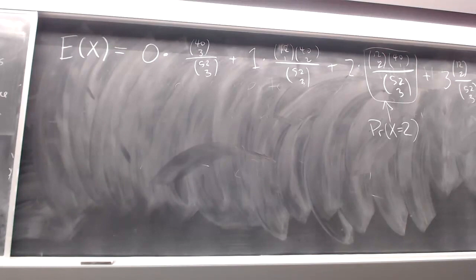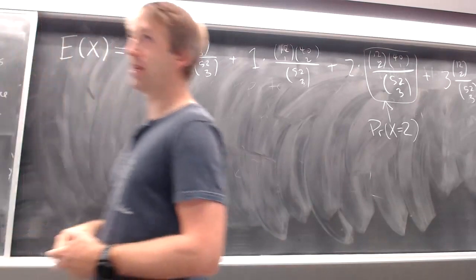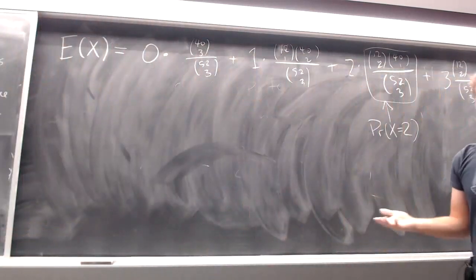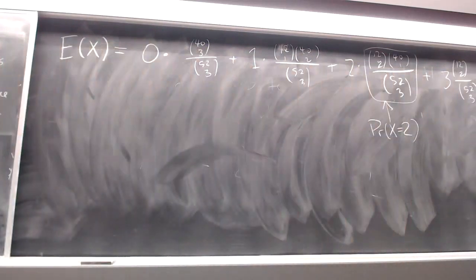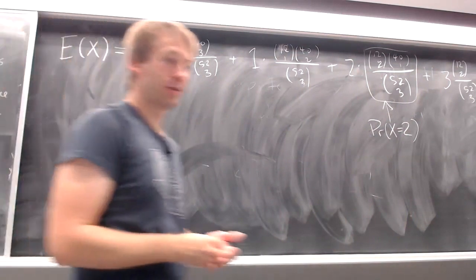If it's not binomial, like in this case, then you're going to need to compute all of these different probabilities. You can do it in a table if you want. You don't have to write the table unless you're asked to, but I think it's convenient to write the table and then go through this times this, this times this, and add them up. Or sometimes you'll be given a table with probabilities already, and then you just have to do the multiplying and adding. So you might not have to compute these values for every question, right?